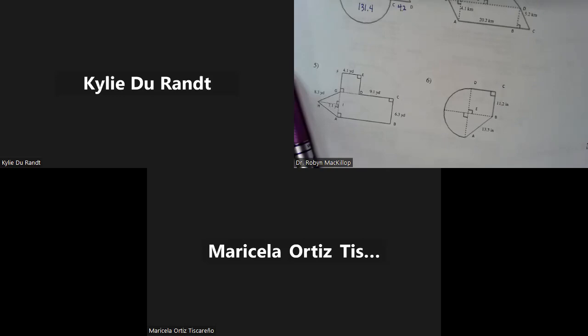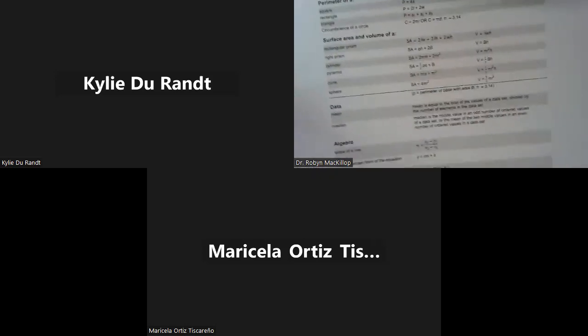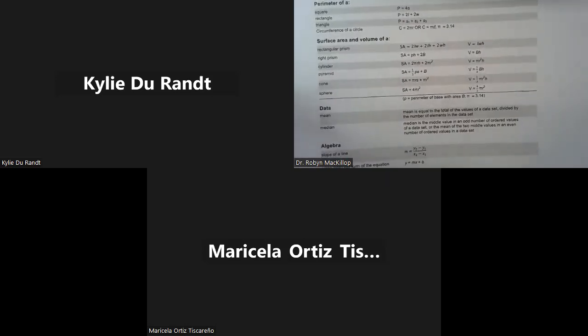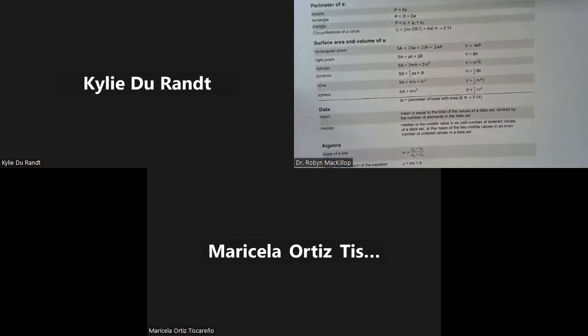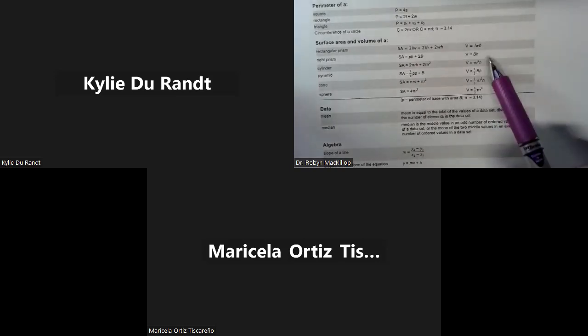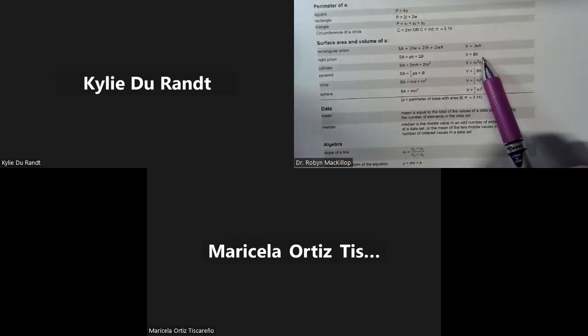And next Monday, we're going to do volume and surface area. Volume is easy. It's pretty straightforward. I think the most complicated volume is the right prism, which is a triangle, or the pyramid.